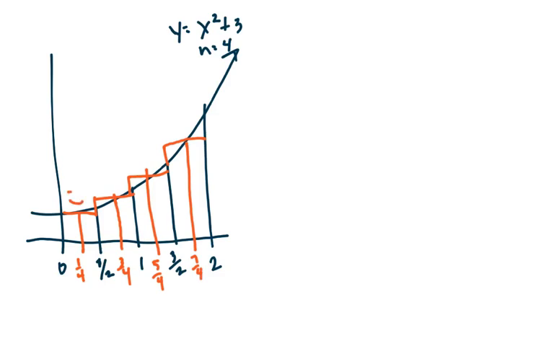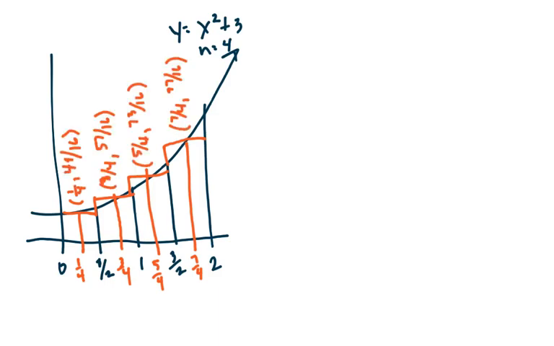So we have 1/4 and continue. So these are my x and y values. Again, in this case our change in x is still a half. So for the midpoint rule, you do the change in x, which is a half, and we're going to add the y values that go with the midpoints.